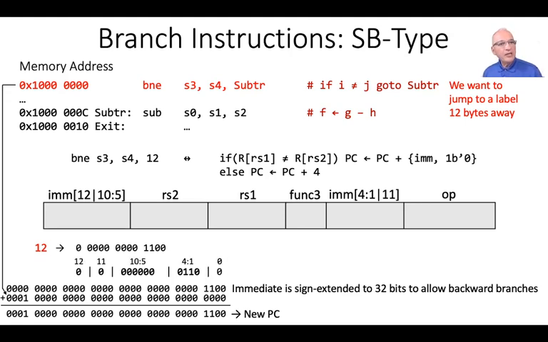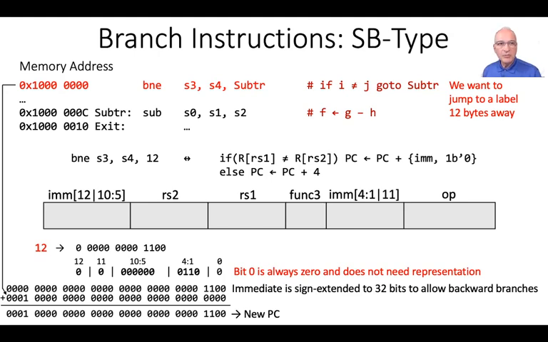Now, if I break down the number 12 representation in 13 bits into these bit fields, where I keep the bit 0 separate, and then I have the bits 1 to 4, followed by the bits 5 to 10, and then the bit 11, and then the bit 12. One of the things to note is that the bit 0 is always 0 and does not need a representation.